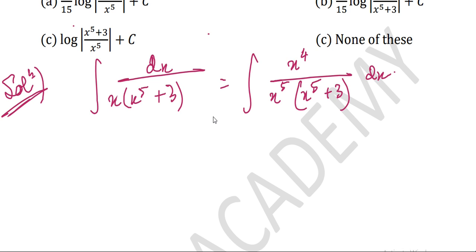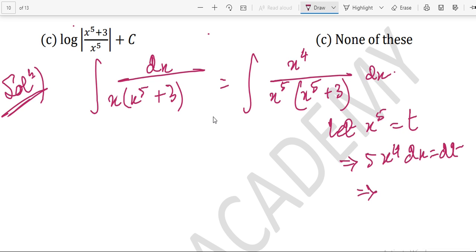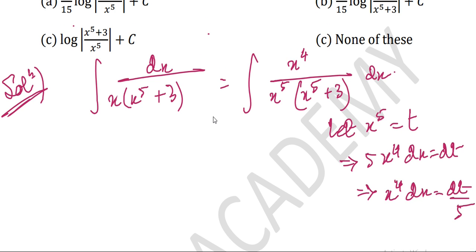And why are we doing so? Because we can now take the substitution x to the power of 5 as t, so 5 into x to the power of 4 dx is dt, which is just x to the power of 4 dx is dt upon 5. So we can easily take this substitution.